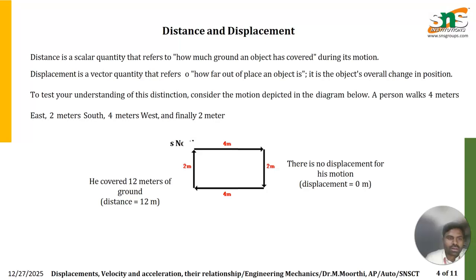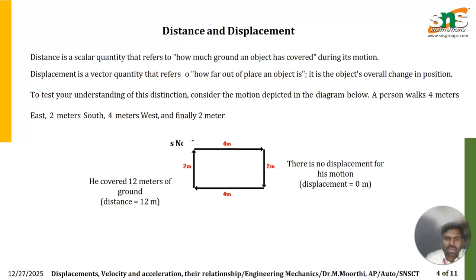Here we have a diagram where a 12 meter distance is covered by the object. Lengthwise we have 4 meters, and height wise we have 2 meters. So 4 plus 2, plus 4, and likewise 2 meters.